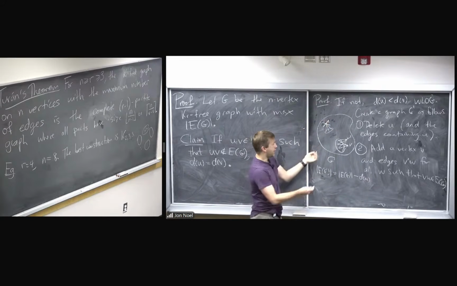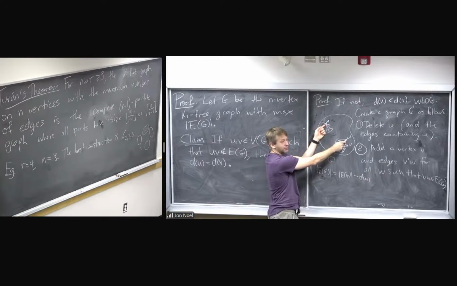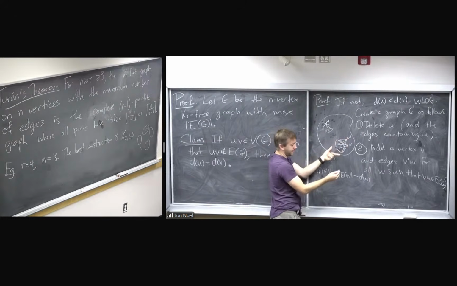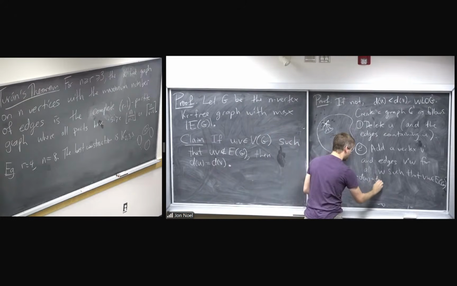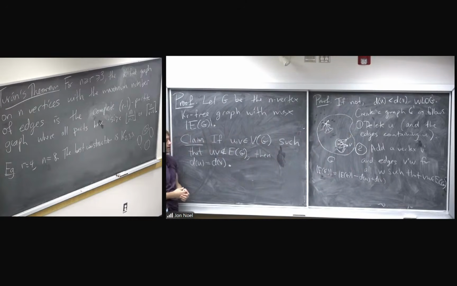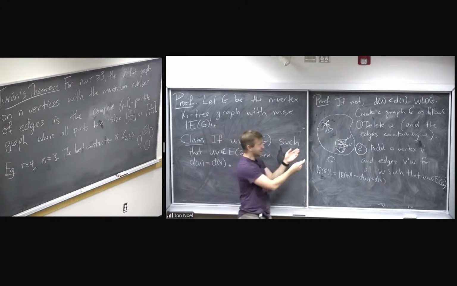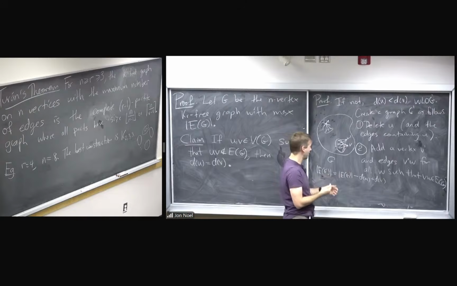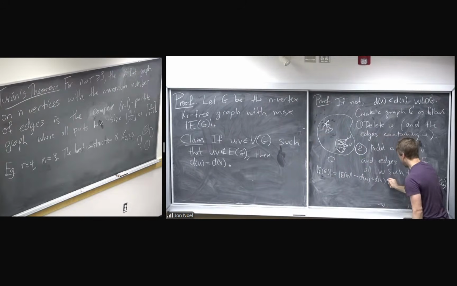And note that when I deleted U, it didn't change the degree of V because they're not adjacent. When I added V prime, it added D of V edges. It would be slightly different if these were adjacent, but it would add D of V minus 1. And that's bigger than the number of edges in G, because D of V is bigger than D of U.